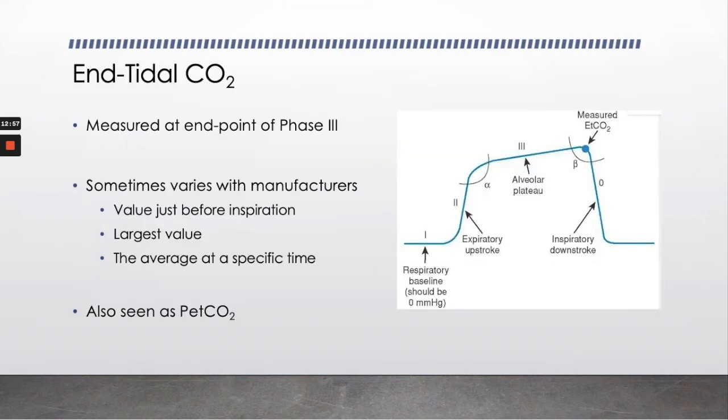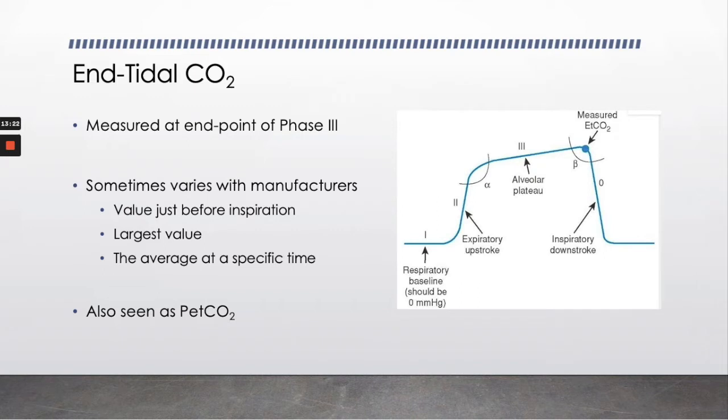All right. So our end tidal CO2 is measured at the end point of phase 3, and you see that arrow right here. The method used to determine this number is not universal, and it varies according to the manufacturer of the particular capnograph in use.